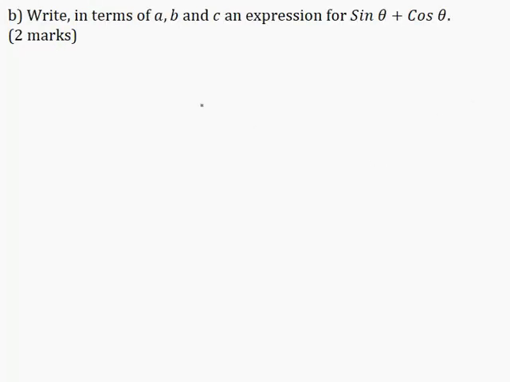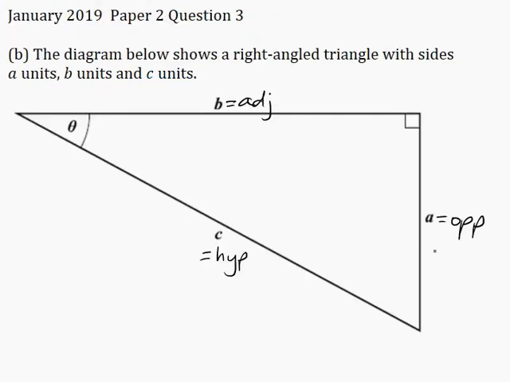Now, sine theta is equal to opposite over hypotenuse. So on our diagram here, the opposite is A and the hypotenuse is C. So sine theta is A over C.